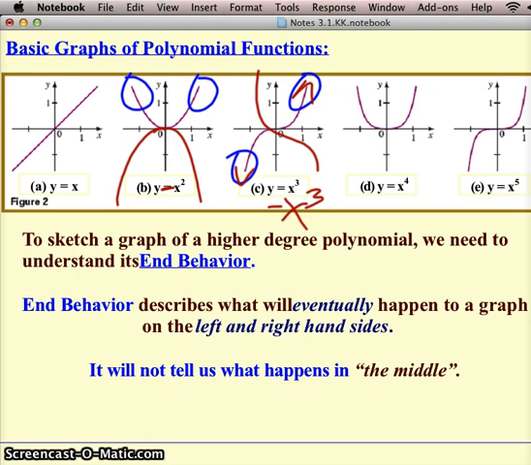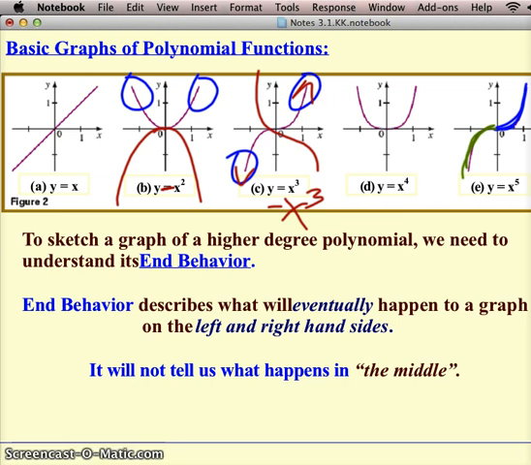And odd functions have rotational symmetry, which means if you rotate 180 degrees around the origin, you get the other half. Rotational symmetry causes graphs to do the opposite on both sides. So the idea of even and odd as a symmetry concept from chapter 2 matches up with even and odd as an end behavior concept in chapter 3.